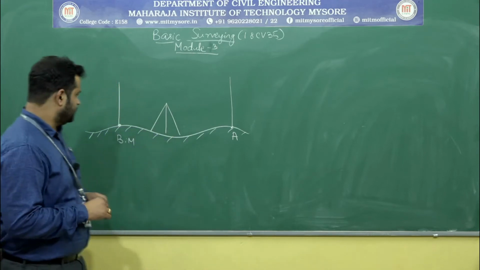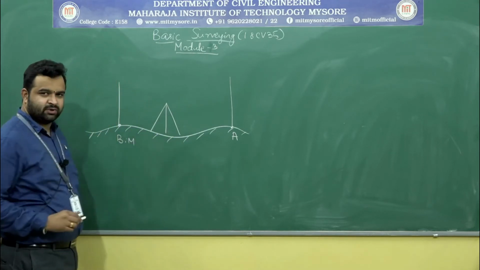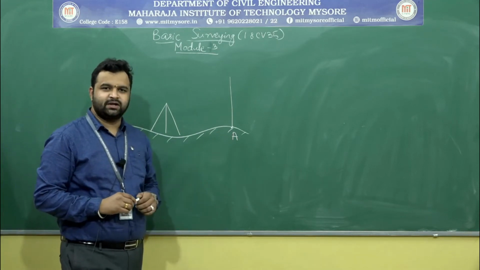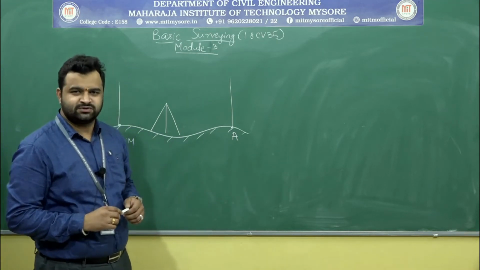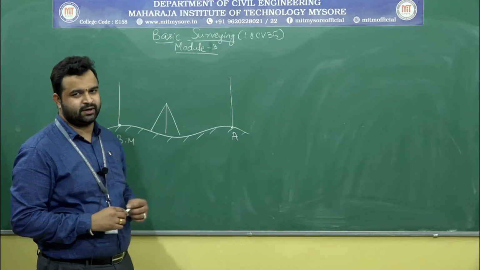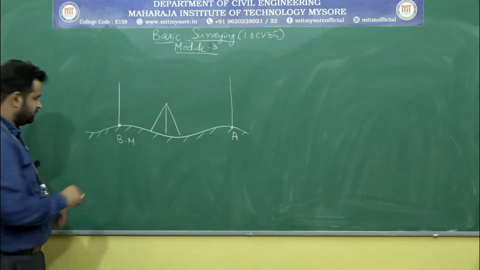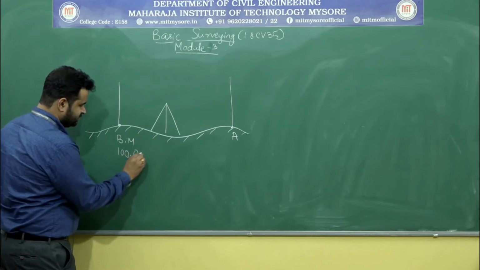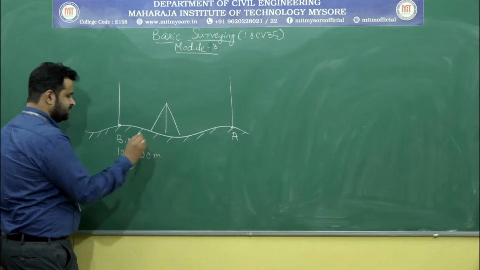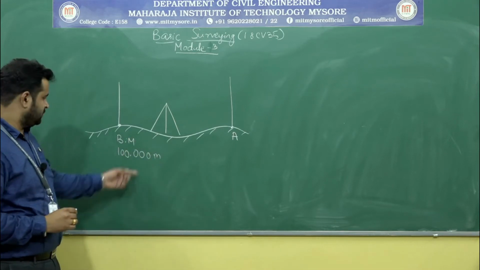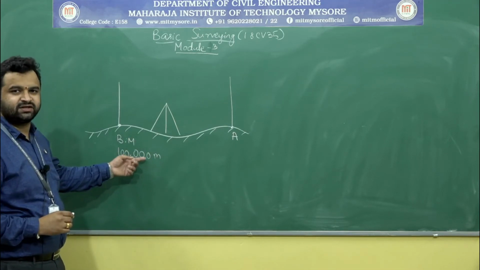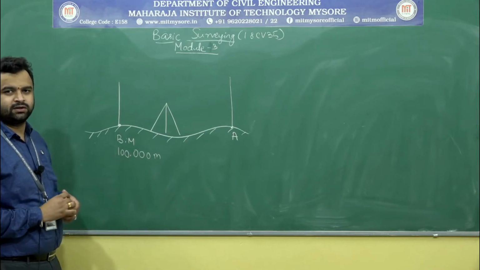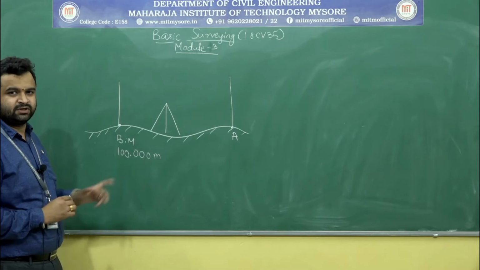Let this point be the benchmark whose elevation is known and let point A be the point or the object whose elevation has to be determined. Say we know the elevation of this benchmark as 100.000 meters. One more thing, you should write 3 digits after the decimal point when you record the readings. Please keep that in mind.